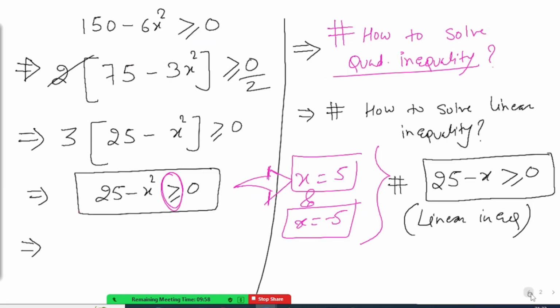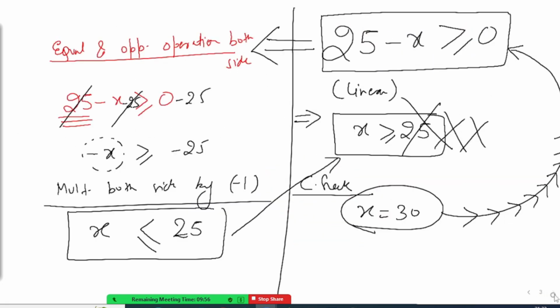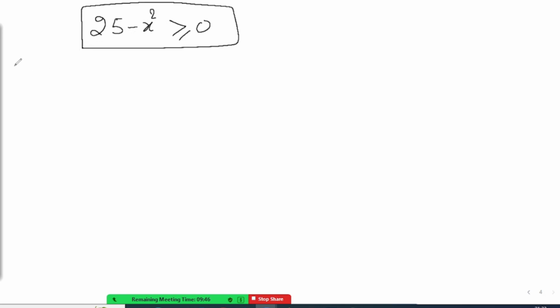Now what do we have to do on quadratic inequality? The question is 25 minus x square should be greater than or equal to 0. Now please tell me what I have to do now. Here you don't have to follow the same way.